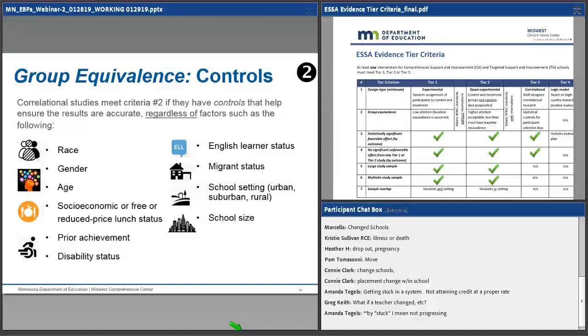But basically what this means is that if you do not have low attrition and you do not have baseline equivalence, at least the researcher needs to have these statistical controls for bias embedded. And that's done by including statistical factors around race, gender, age, etc. Or it also could be school level controls, right? Urban, rural versus suburban schools.